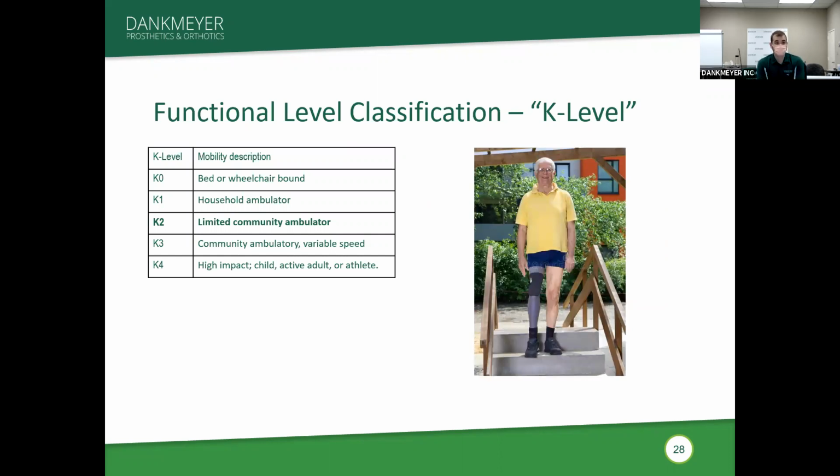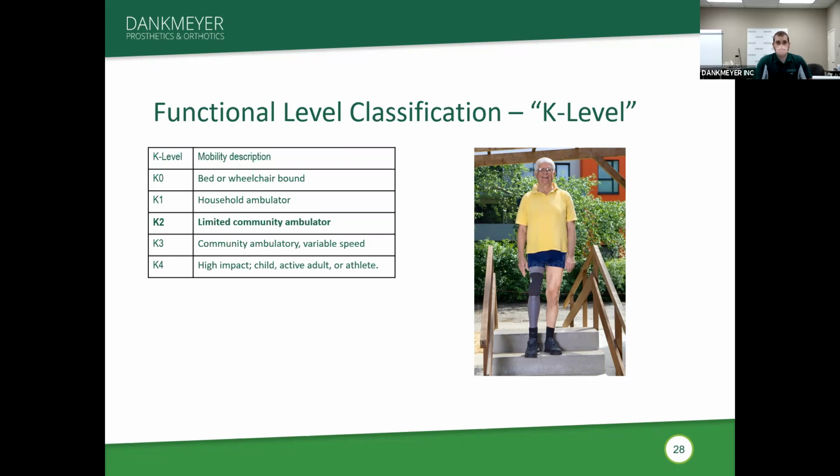So functional level 2 or K2 is our limited community ambulator. These are the patients that we're expecting to use the prosthesis on a daily basis. They're using it to help them get around at home and some in the community. They're typically limited in the speed that they can walk, and the key terminology that our insurance companies use is variable cadence, variable speed ambulation.